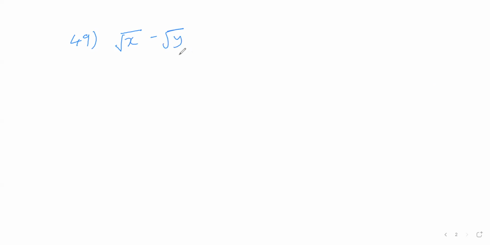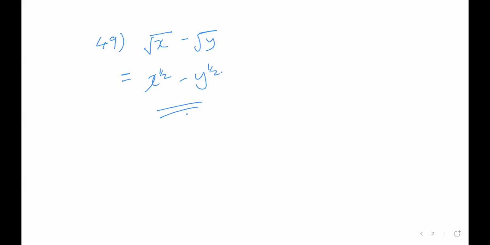All we need to do is remove our radicals using the change from radical to exponent law. This would then become x to the power half minus y to the power half. And that's the final answer.